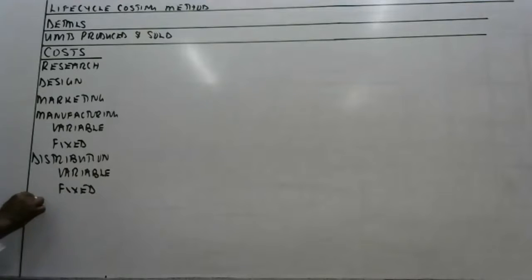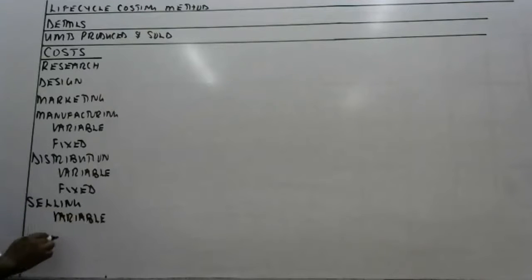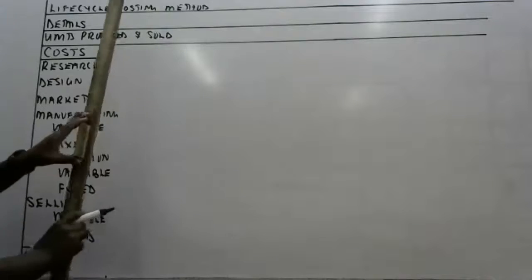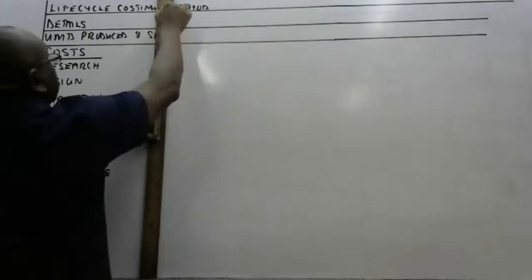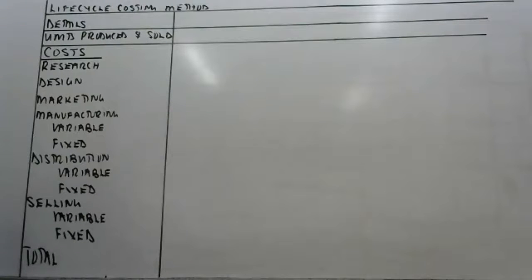Then we have selling, again variable and then fixed. Then we have total.